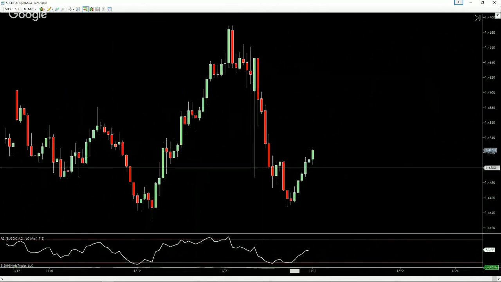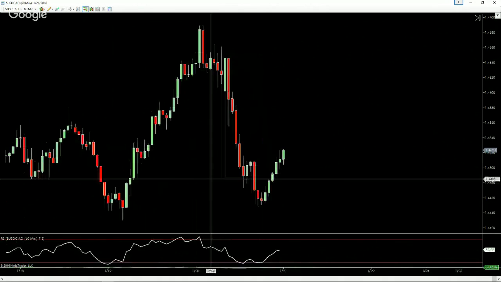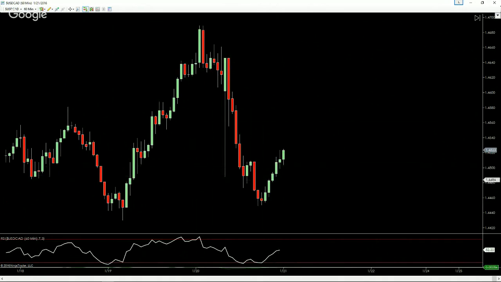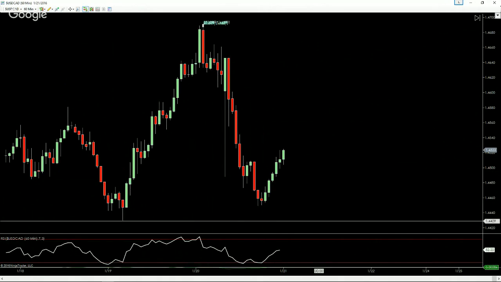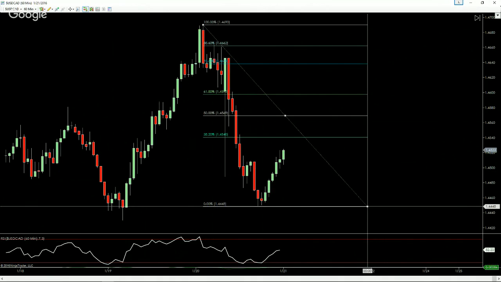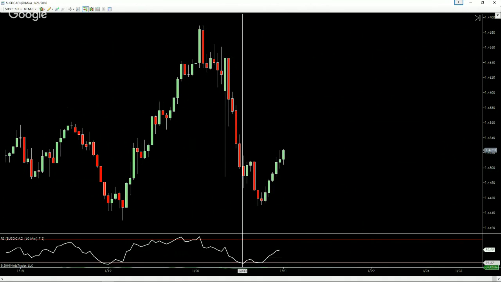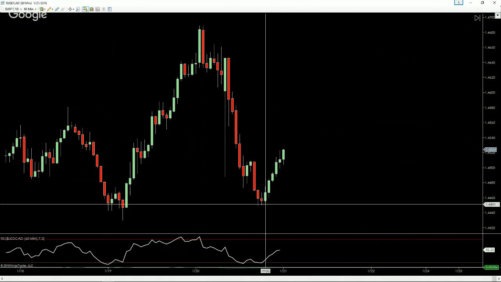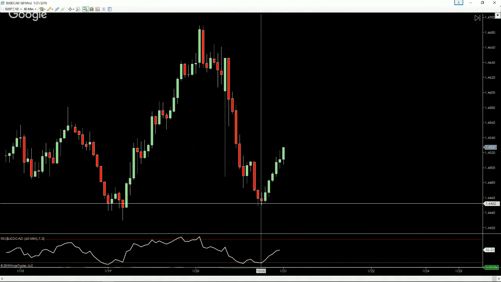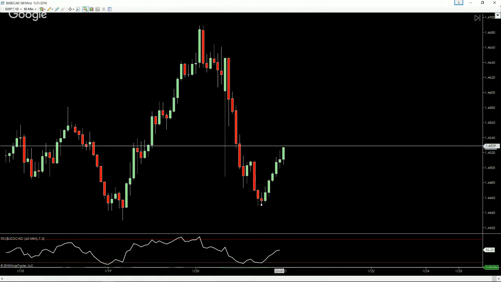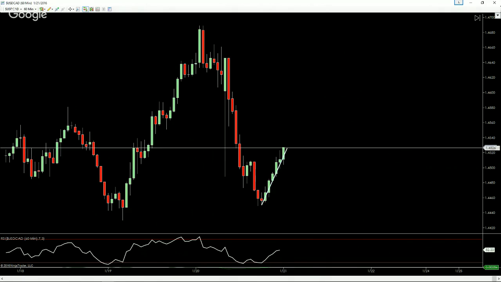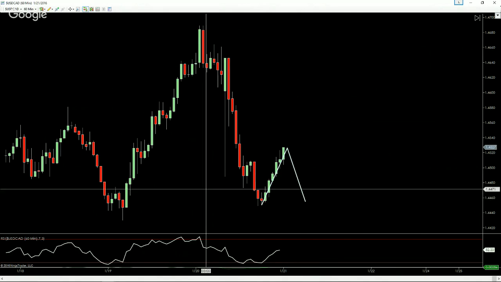Let's go back down to 60. And in the 60, that could possibly be a double bottom right there, where with this retracement right here, price could come back down to retest that structure level.